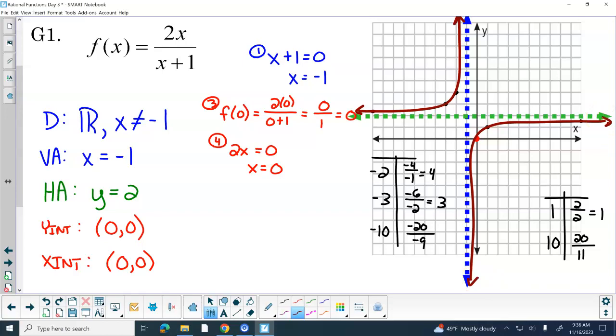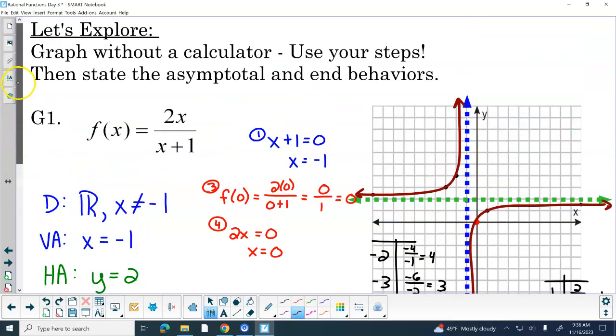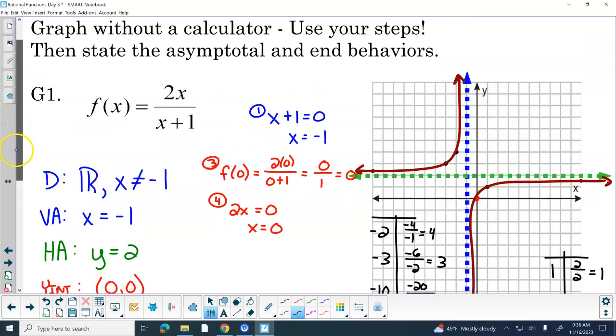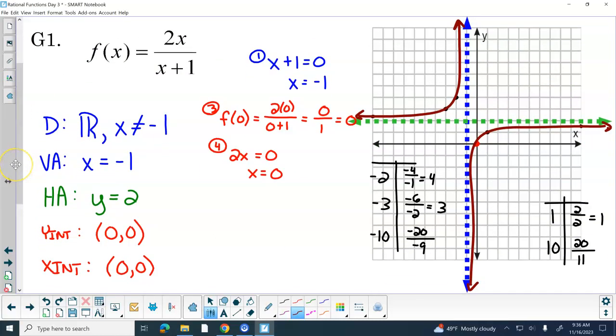Now the nice part too is, now that we have our graph, I believe this one said find the asymptote, yep, then state the asymptote and end behaviors. I'm going to state it, but in a different spot. Instead of writing it all out, I'm going to show you where you can find it on your graph.